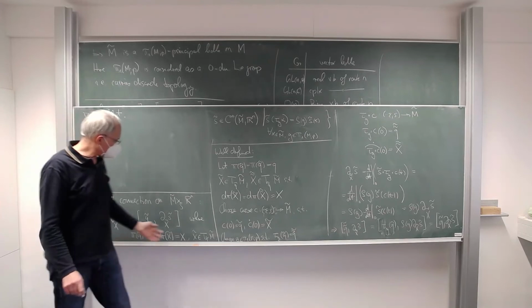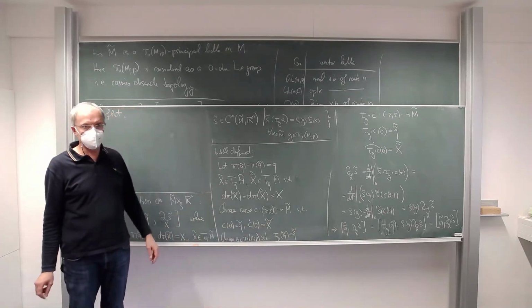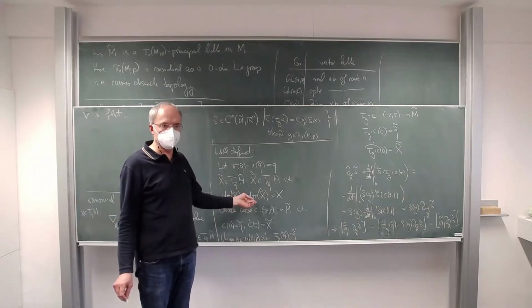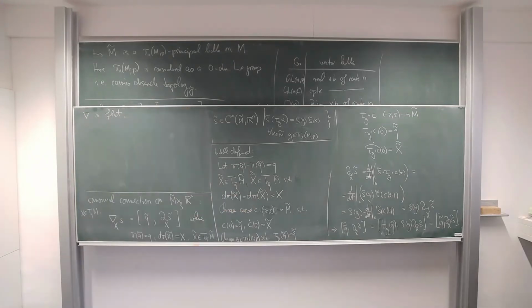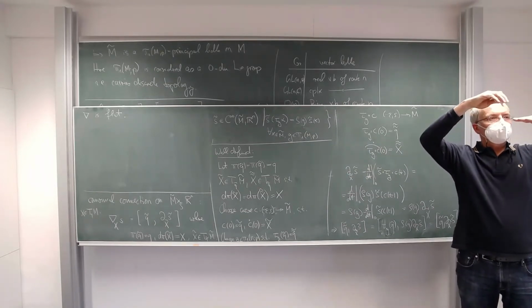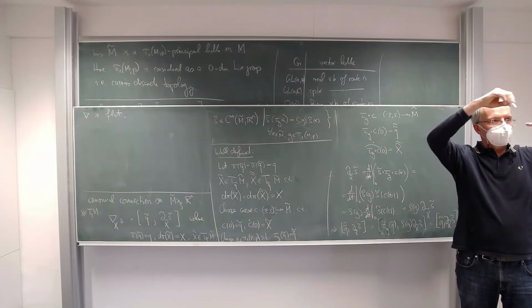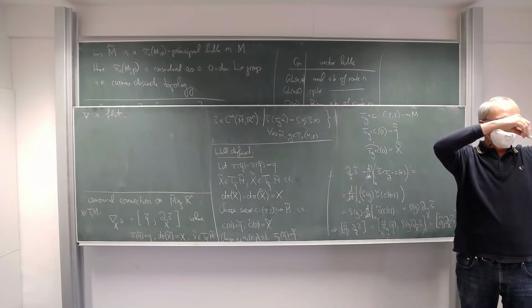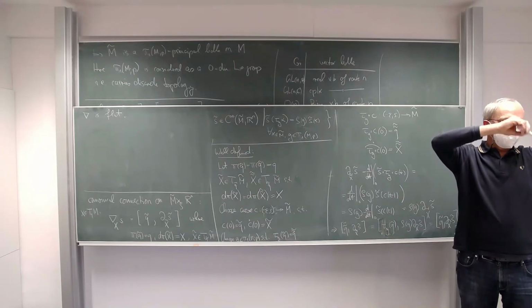No, I mean, this description that I've given, you can't do that in the general case. Because here I'm really using the fact that d pi is an isomorphism. In the general case, you have these horizontal subspaces in the total space of your principal bundle. And if curvature occurs, this is related to the fact that this horizontal distribution is not integrable. So you can have horizontal curves which project to closed curves, but which are not closed upstairs. And then this vertical part is what gives rise to the curvature.